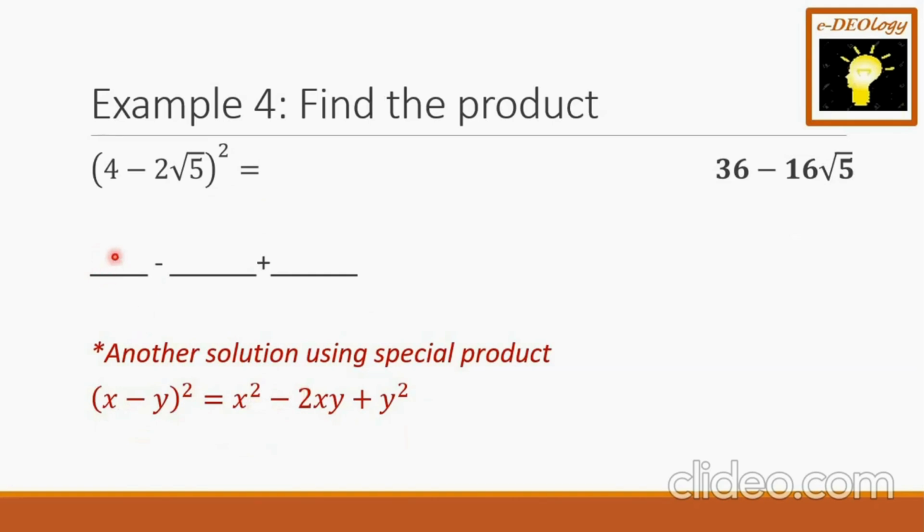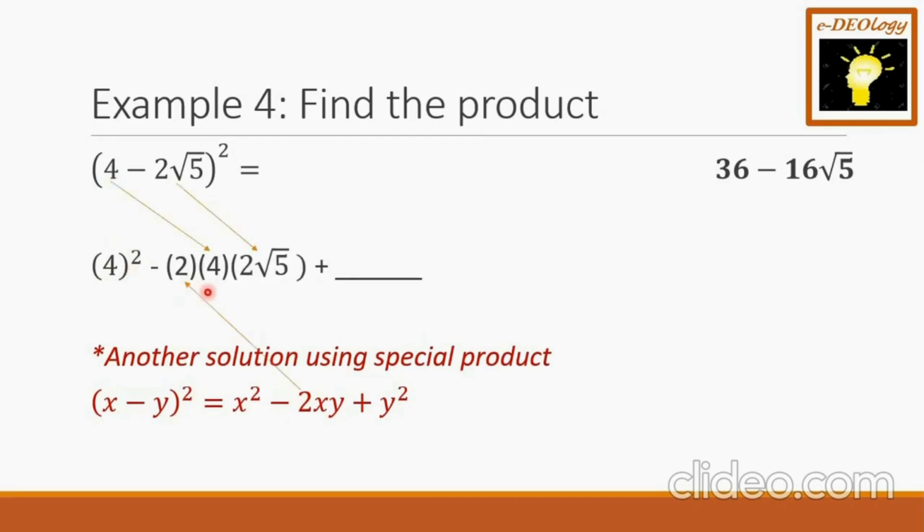The first blank here is for this 4, I copied here and I put the power 2. Then for the second blank, I put these two terms here, the 4, and also this negative 2 square root of 5. So you see here the 2 square root of 5, the negative sign is already here. And then this number 2 here is a constant that we should always place.